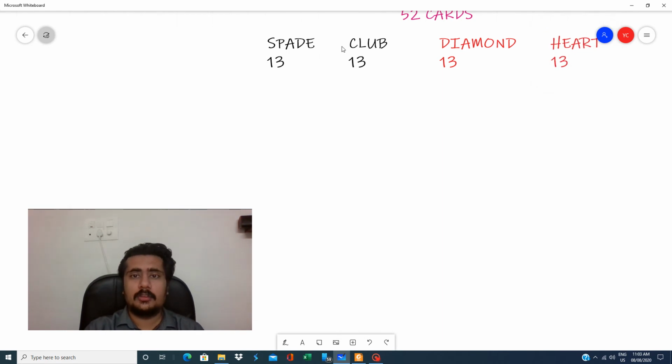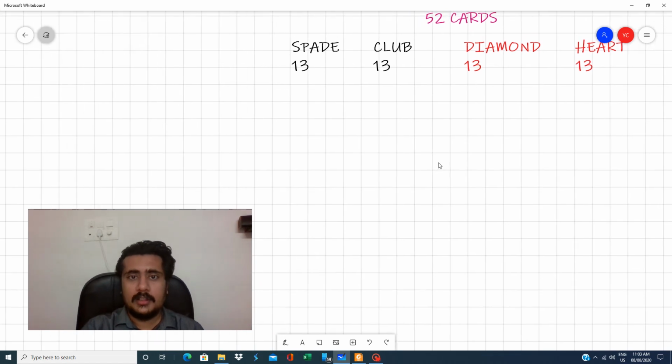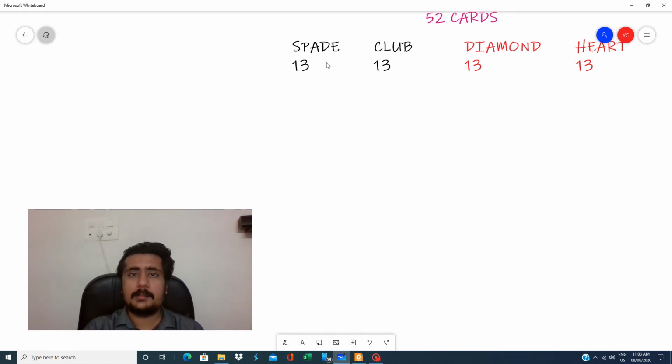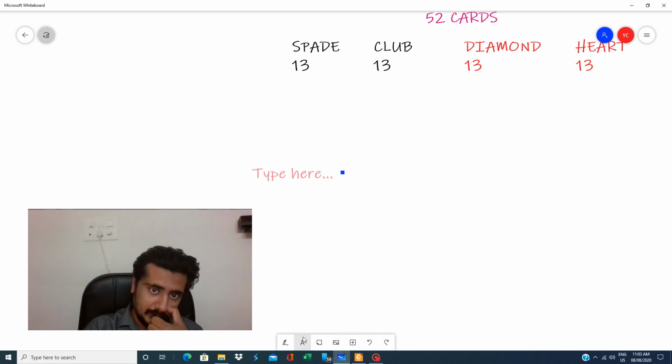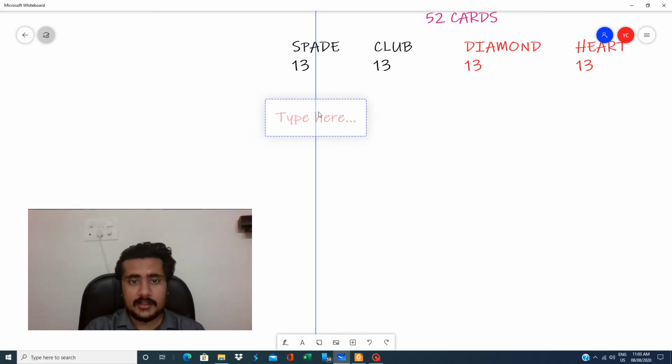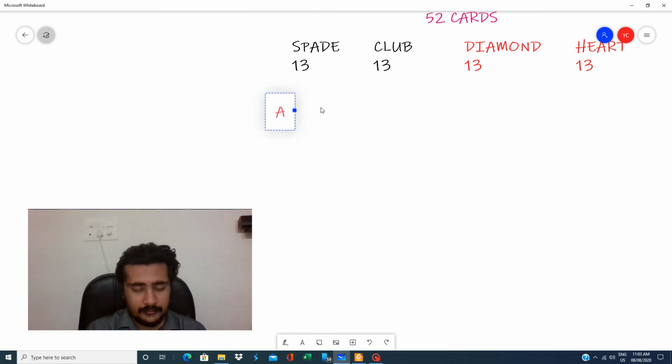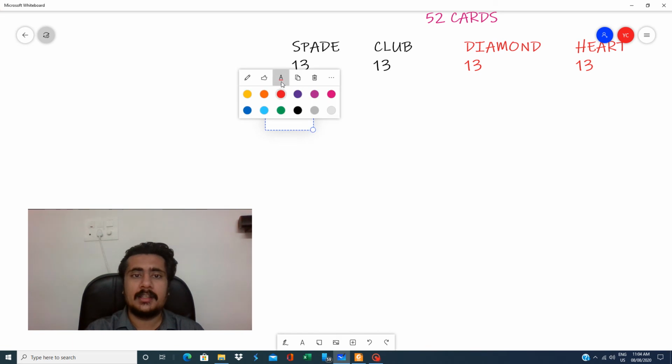So 13, 13, 13, 13 make the total of 52 cards. Now, in the 13 spade, what are the details? The first card is known as the card of ace.